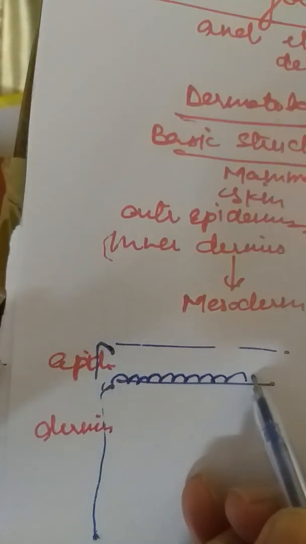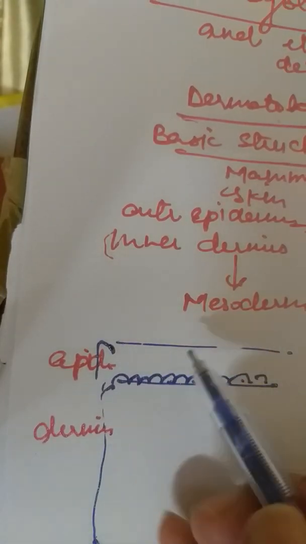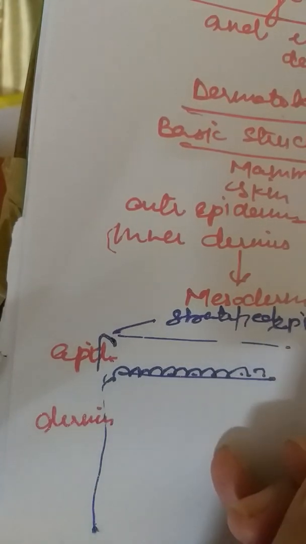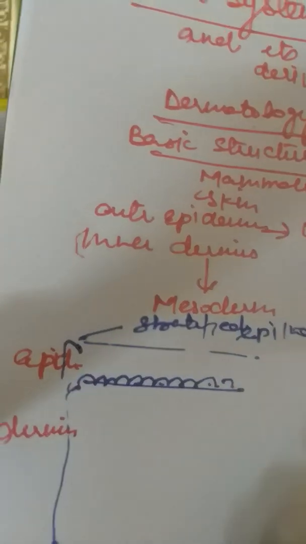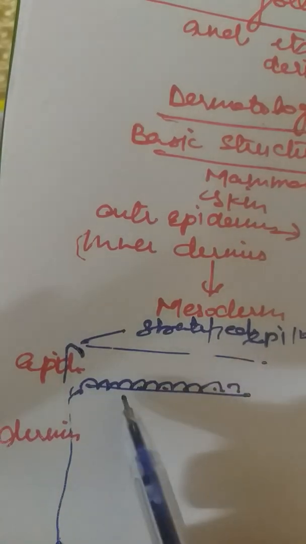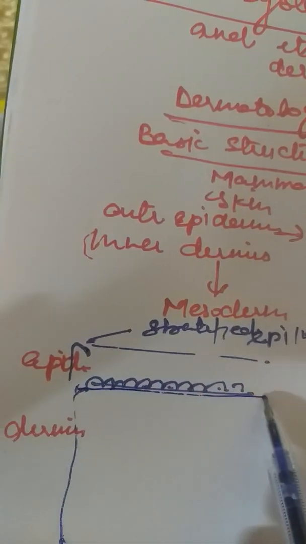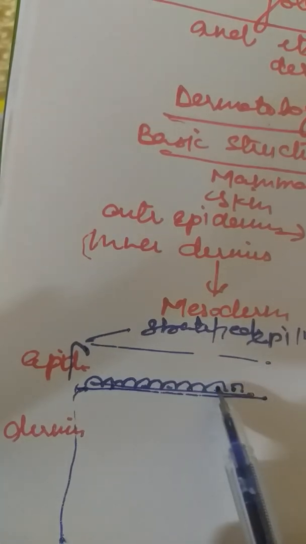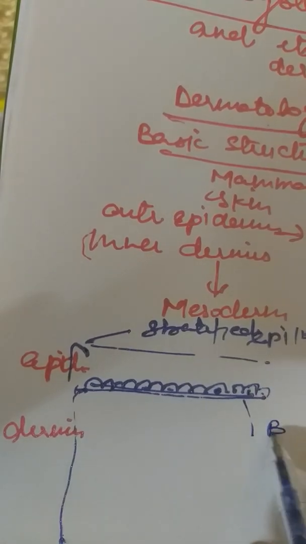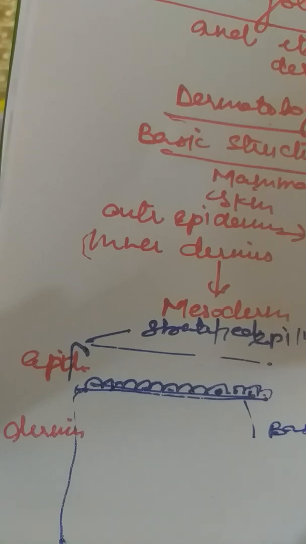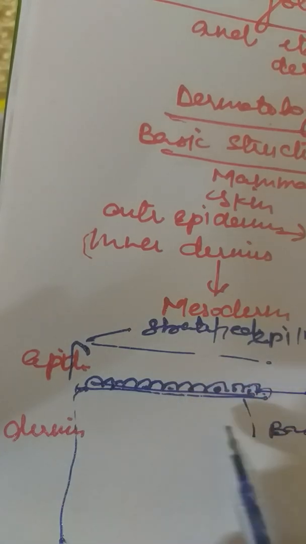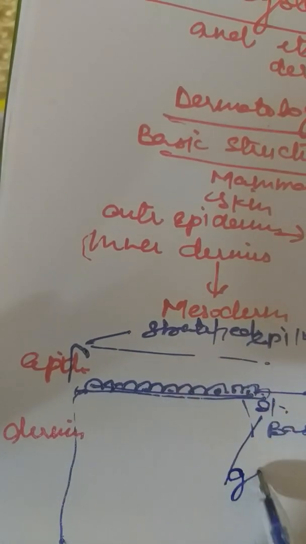When we use the term stratified, it means the epidermis is composed of stratified epithelium, a number of layers of cells, out of which the lowermost or innermost layer rests on a basement membrane and is composed of almost cuboidal cells. The membrane on which it lies is called the basement membrane, and the lowermost layer is called stratum germinativum.